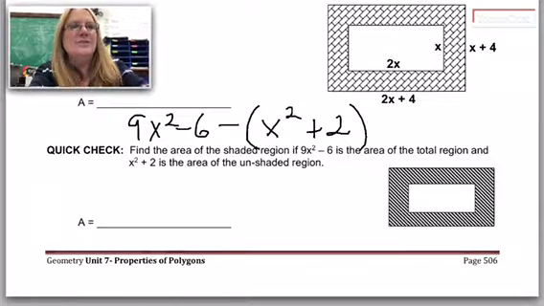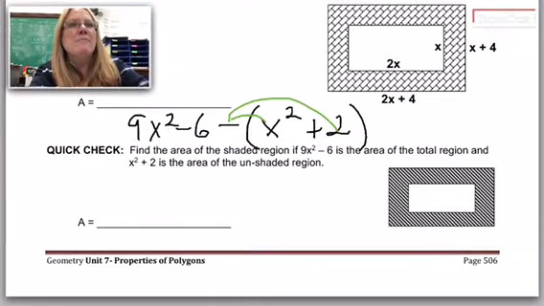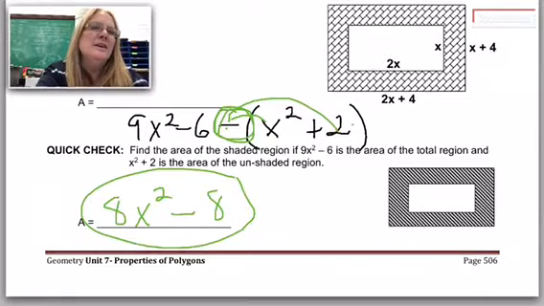So this is going to be negative x squared and then minus 2. So 9x squared minus x squared is 8x squared. And then I have negative 6 minus 2, which is negative 8. So just remember, this negative outside of parentheses has to be distributed throughout the entire parentheses.